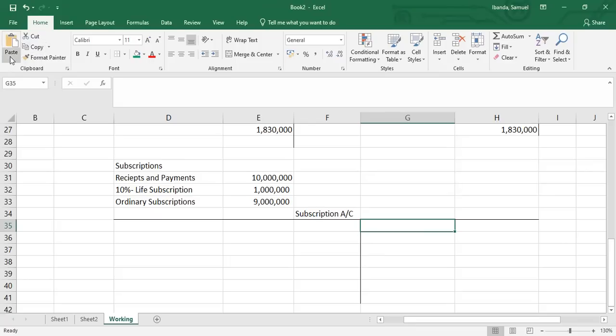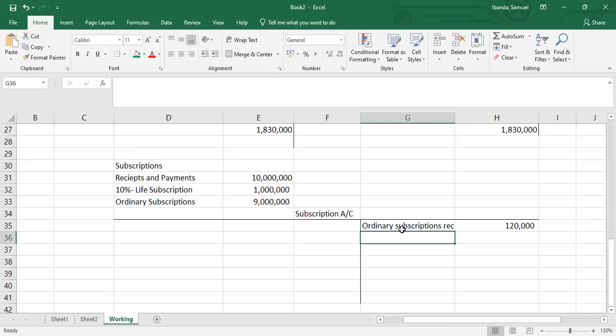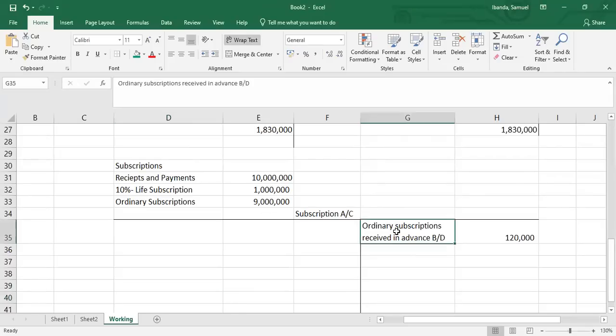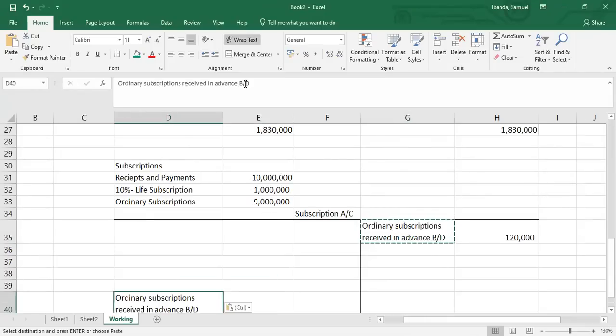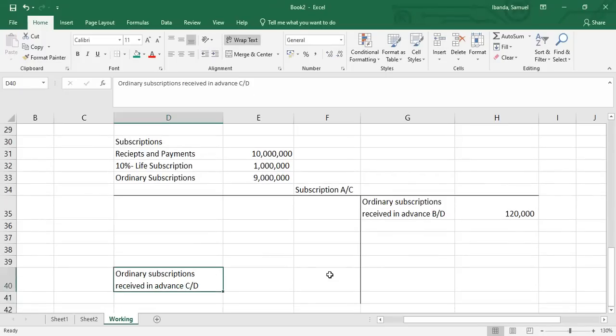So I'll just do it like this. These are subscriptions received in advance. This is a balance brought down, okay? And then if I want to record the balance carried down, which is my subscriptions carried down, I think you know why I'm putting it on the debit side in this case.